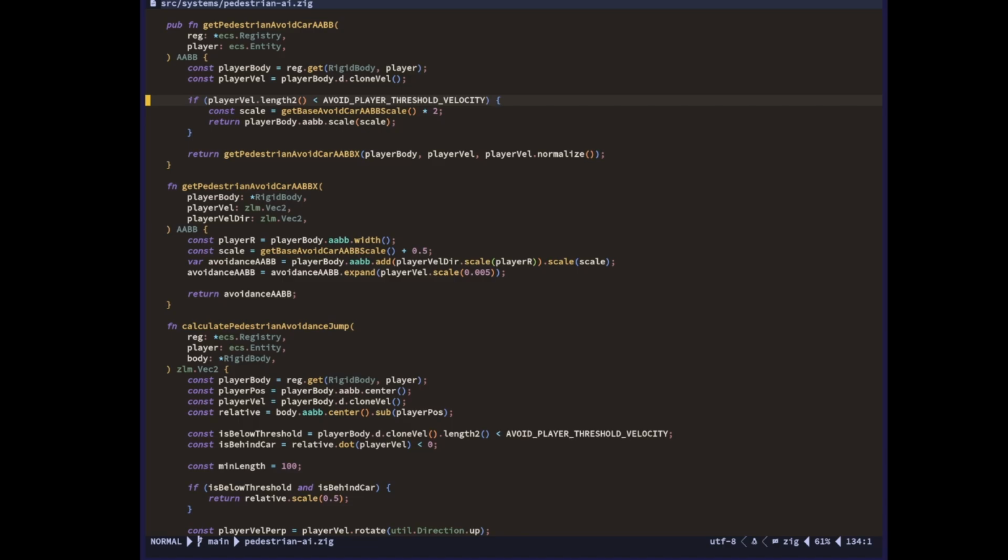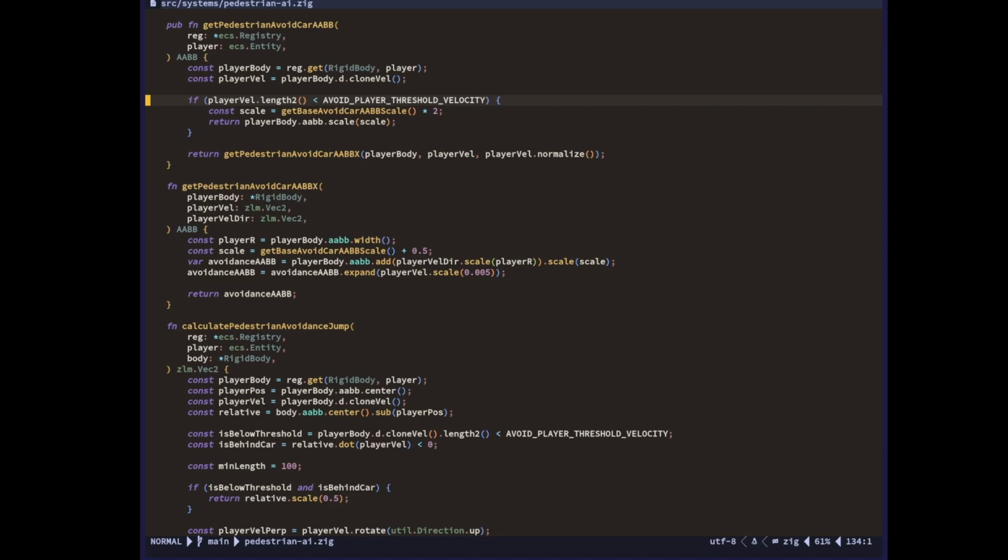So what I wanted is a behavior where the pedestrians that surround the car, if the car is moving really slow, even pedestrians that are behind the car and around the car, everybody should move away from the car so you get free clearing to move forward.